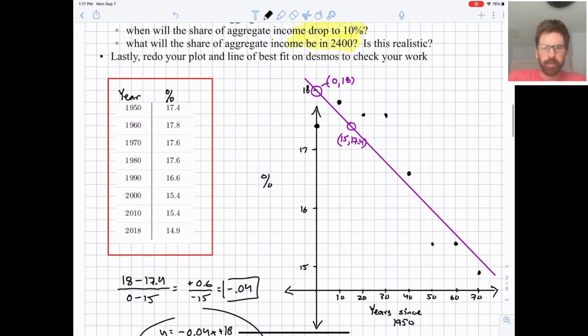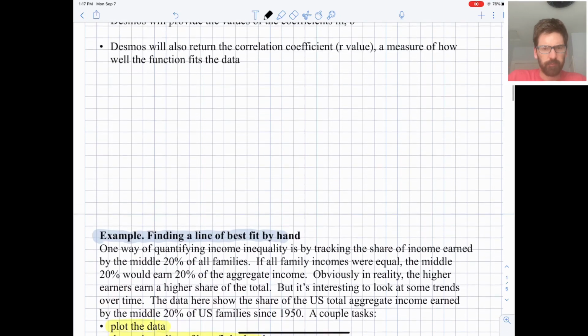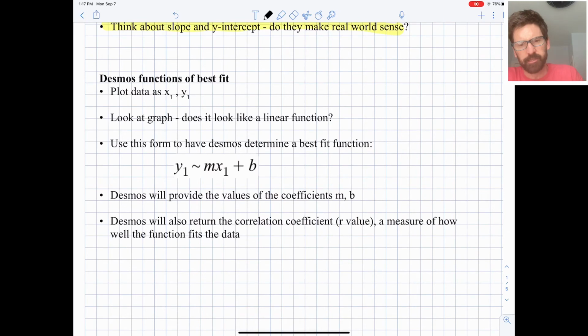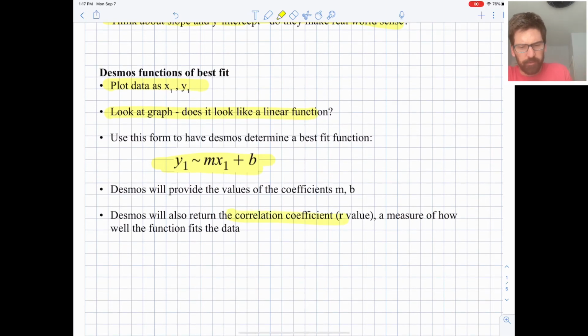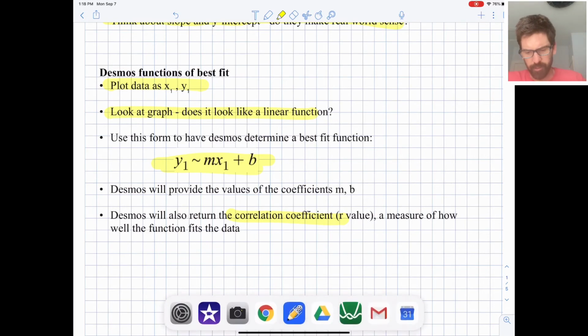I want to run through it on Desmos quickly here, reminding you of these steps. Plot up your data, look at the graph, use this form, and then Desmos will basically give you the answers. Okay, it'll also give you the correlation coefficient. So let's go over there. My cursor, my pointer doesn't work on Desmos, so I'll just try to verbalize what we're doing.